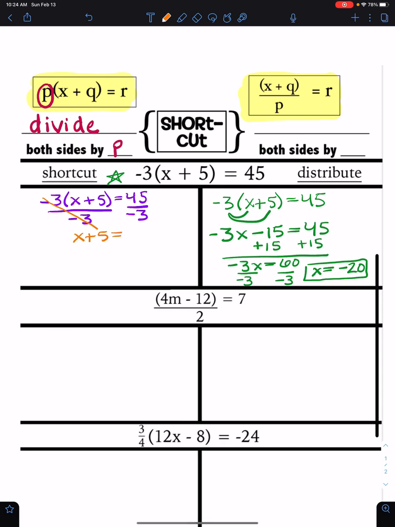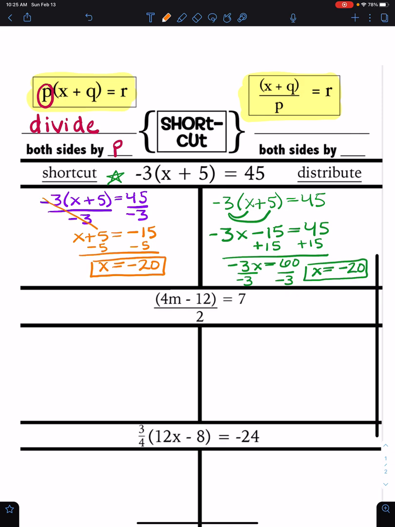On the right, 45 divided by negative 3 is negative 15, and now we have a one-step equation. So I'm going to undo that constant, that adding 5, by subtracting 5 from both sides, and look at that, we got the same answer. In this case, it looks like the shortcut really was a little bit shorter, but again, you can do it either way. All right, let's look at the next example.